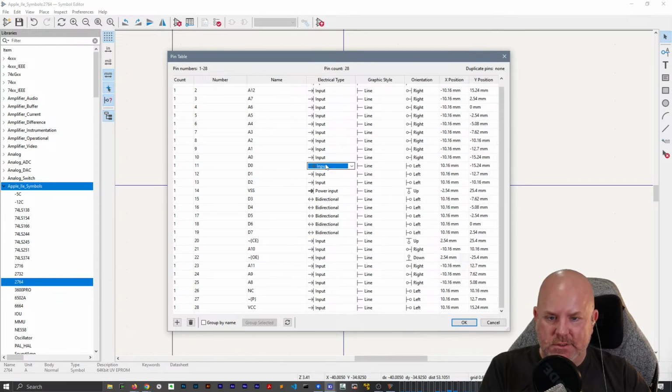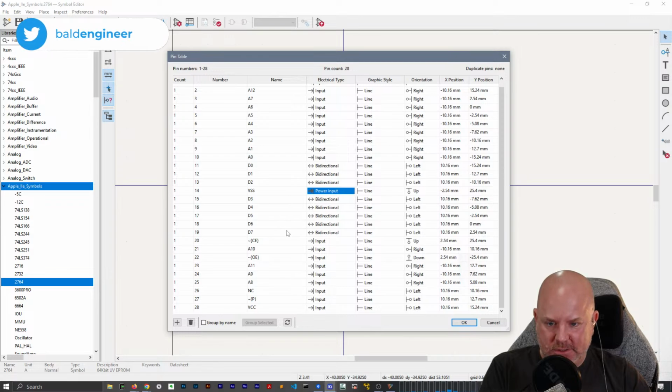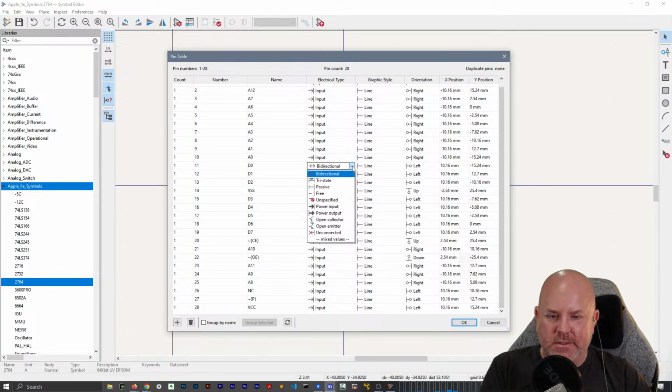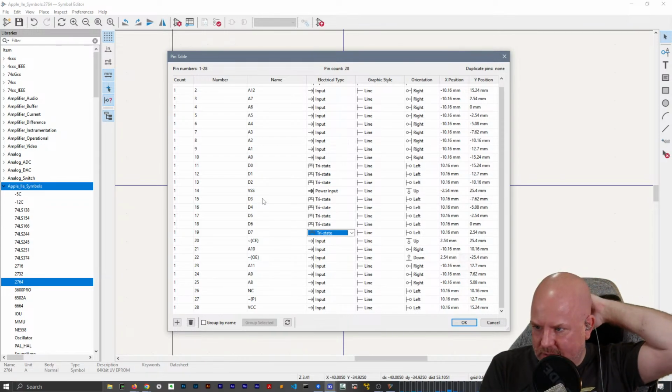So wait, here's D0. I do wish you could highlight multiple and then just select. Let me try this again actually. No. Okay. Chip enable, output enable. Oh, wait. Data is tri-state. Did it again. Oh, you don't have to double click. Okay, that's actually not too bad.